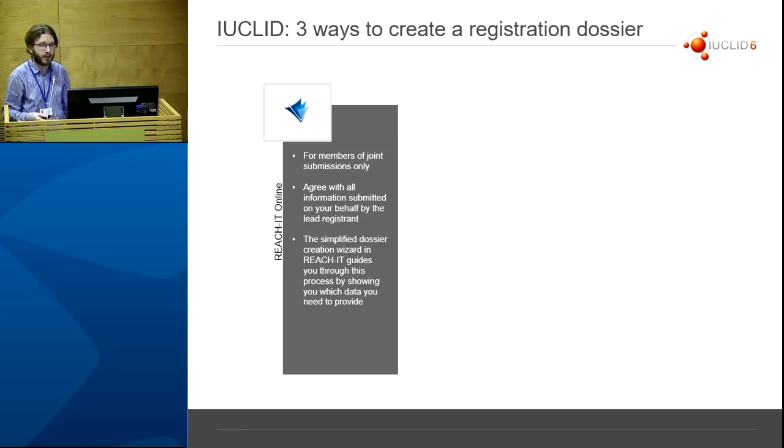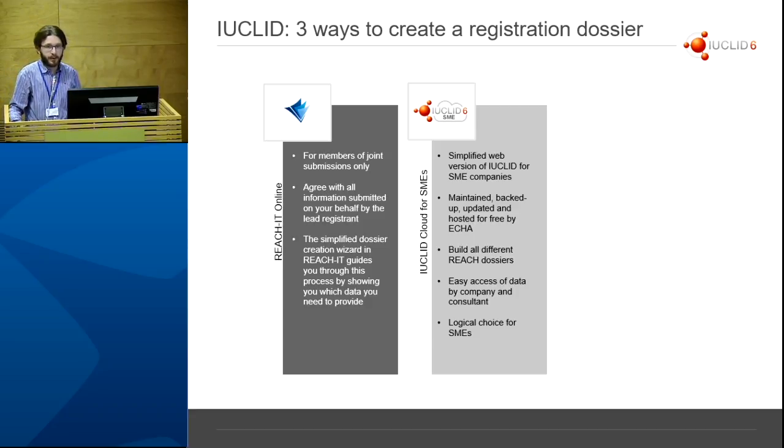But if you agree with all the data that is submitted by the lead, then you can use ReachIT Online. And it's built in a way that it's providing a simplified dossier creation wizard. So you go through the application step by step, and you fill in the data that is required for your registration. And this is what you will see today, at least on the left side of the room.